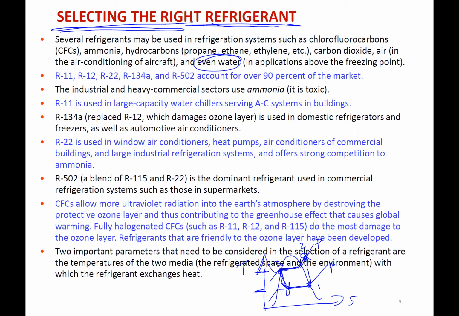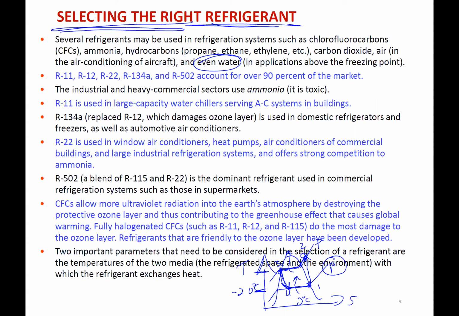Well, you need to transfer heat from a low temperature here, and then here to a high temperature. If you're trying to cool from 0 degrees Celsius into that refrigerant, then that refrigerant needs to be at around negative 20 degrees Celsius, a good delta T for heat transfer to go from low to high. So we would need a refrigerant that works well at negative 20 and is linked to this pressure.